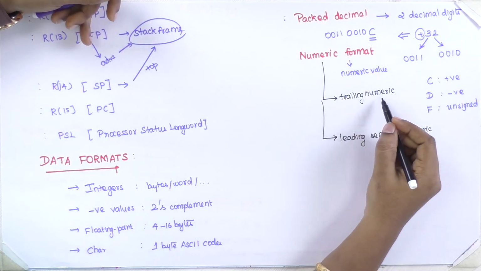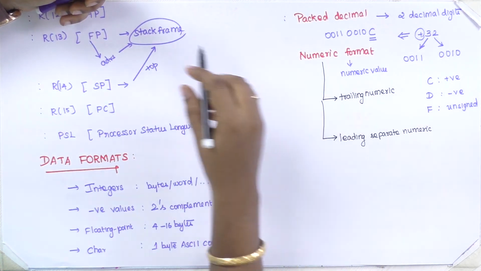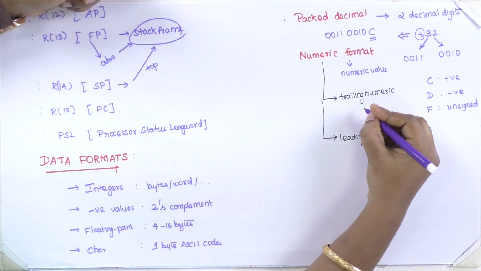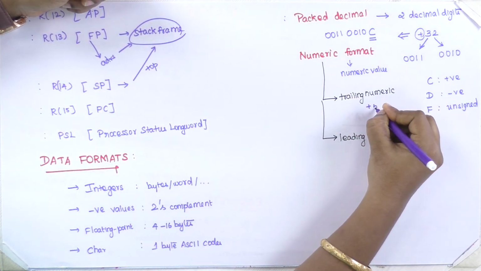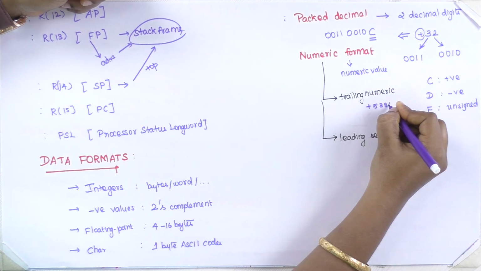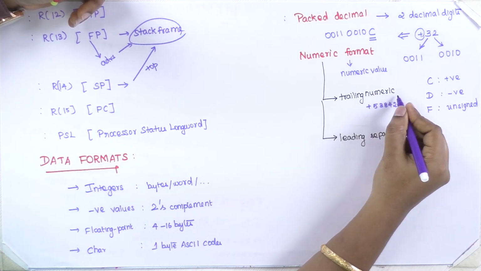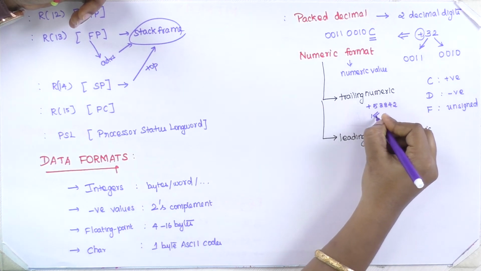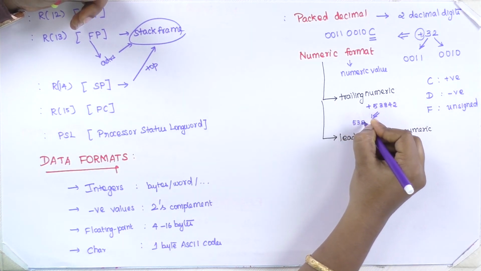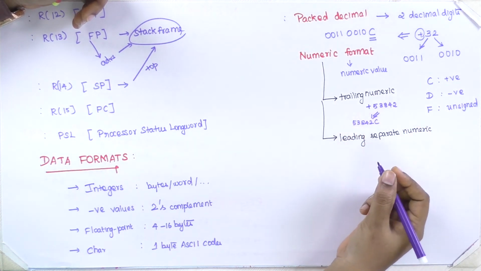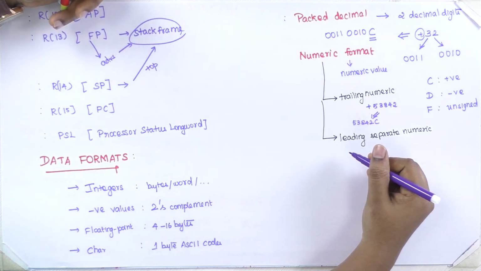In trailing numeric, the sign appears in the last byte. For example, the number plus 53842, the sign is represented in the last byte, so this will be encoded as 53842C.